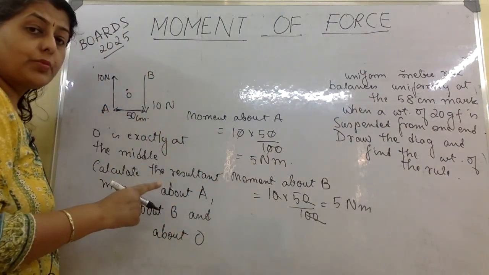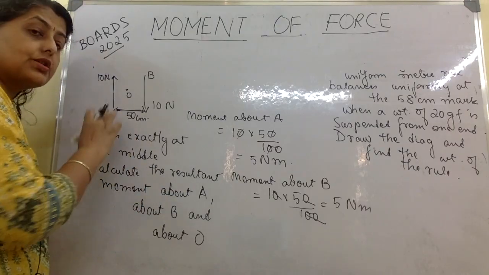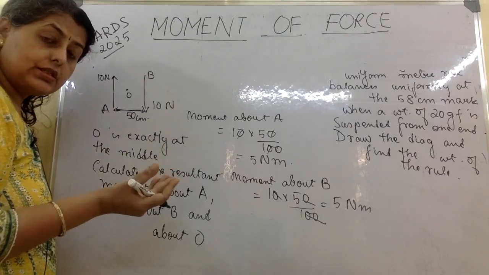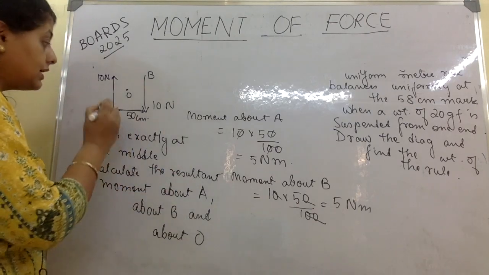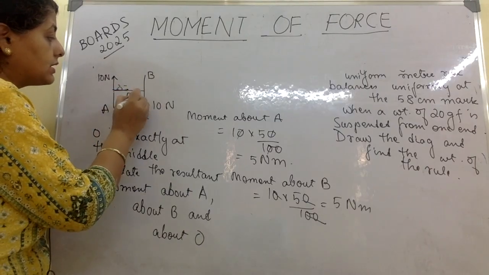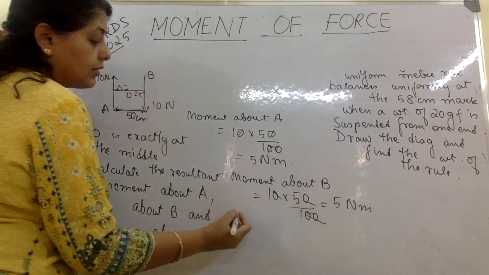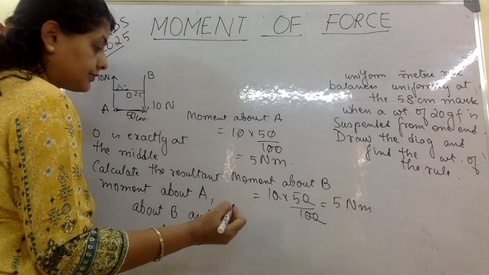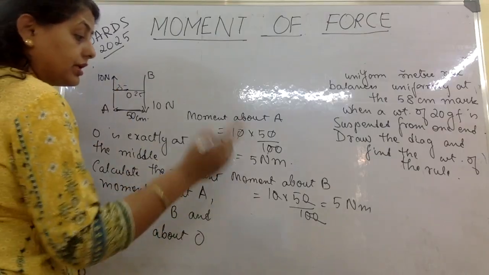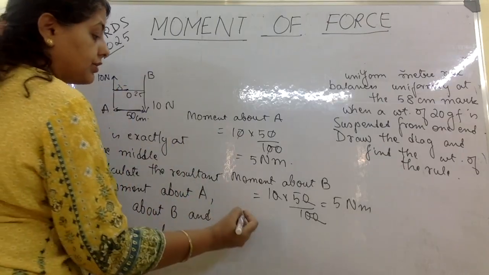When they want moment about O, now this question changes to your uniform rod type of question. Then you will have to take this as 25 centimeter and this one as 25 centimeter, and then moment about these two things, they are already in opposite directions. Like in the previous sum, it's very similar to that.